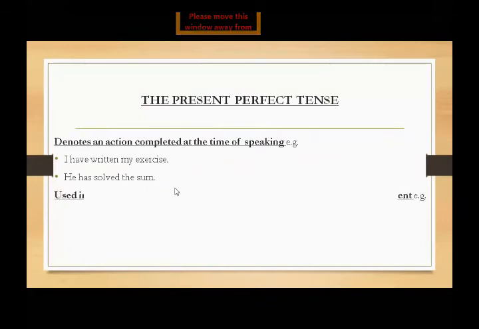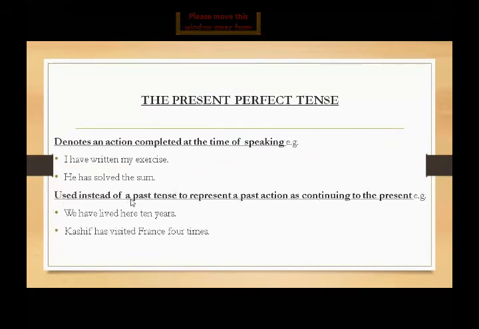The next use is to use it instead of a past tense to represent a past action as continuing to the present. Although we use present perfect tense for completion of work, for a past action also we can use present perfect tense.